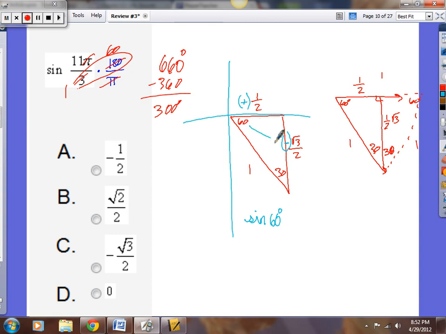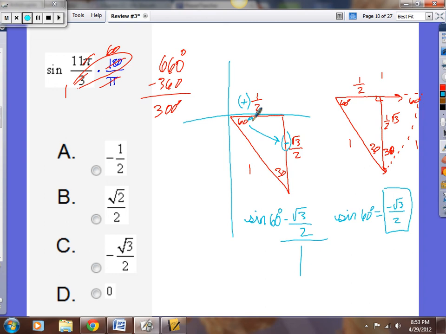It's going to be opposite, square root of 3 over 2, and that's a negative, and opposite over hypotenuse, I divide that by 1. So the sine of 60 degrees is going to be a negative square root of 3 over 2, and that sine of 60 degrees, just from this right here, is going to be actually the same thing as the sine of 660 degrees.